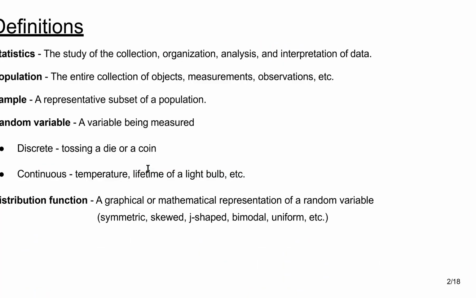Uniform. Like on the dice rolling, a normal six-sided die, you have an equal chance of getting a 1 or any number through 6. And so you should have a uniform distribution. You shouldn't have the die rolling one number any more than any of the others, unless there's something weighted about the actual die itself.